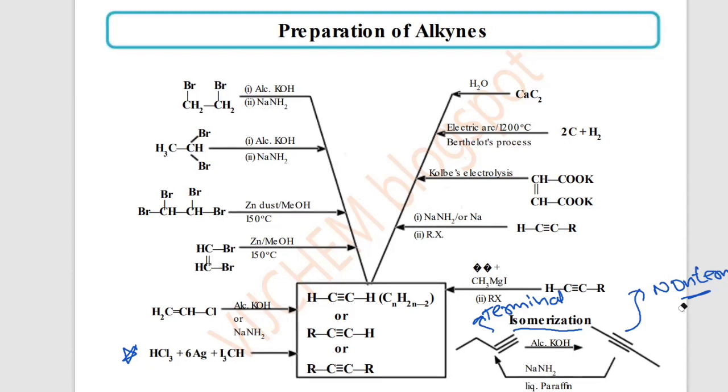Clear? So terminal and non-terminal, I think understood. But here, if the terminal is converted to non-terminal, we use alcoholic KOH. But if you have the non-terminal and want terminal, then sodamide in pyridine. So these are the preparation methods. I think I have covered all of them.